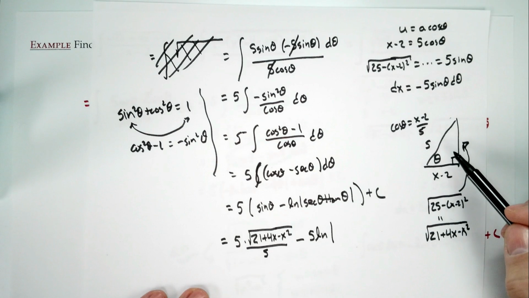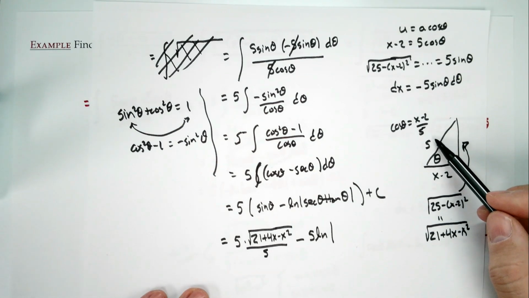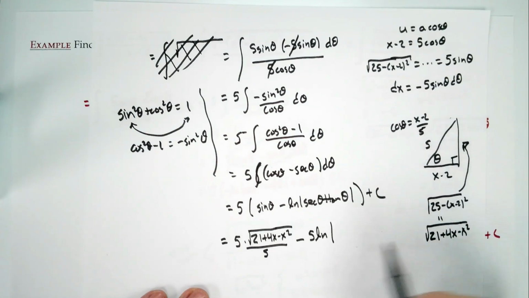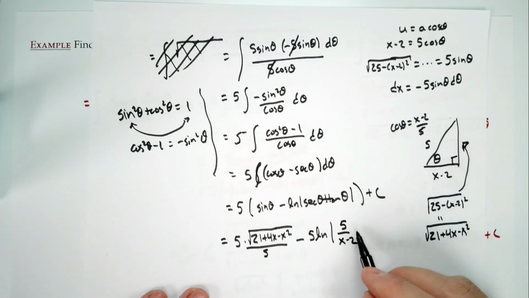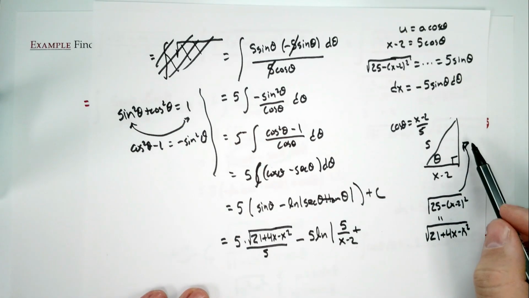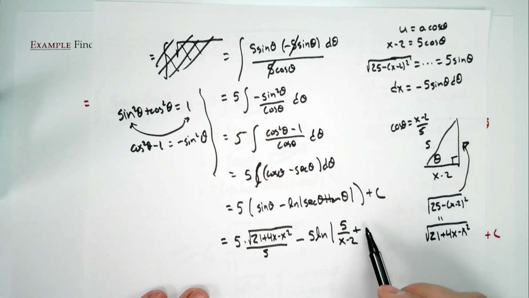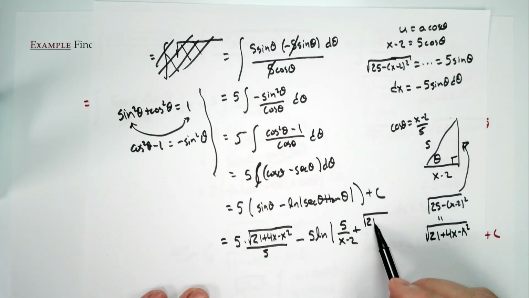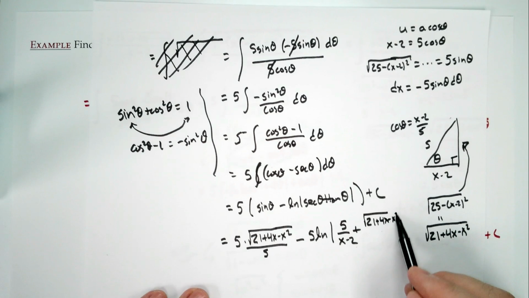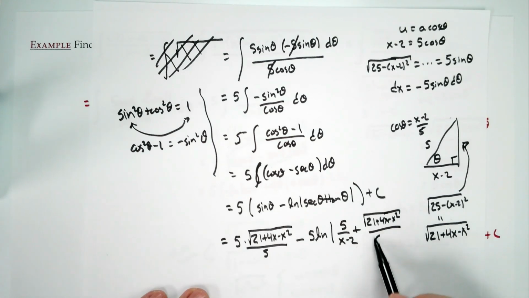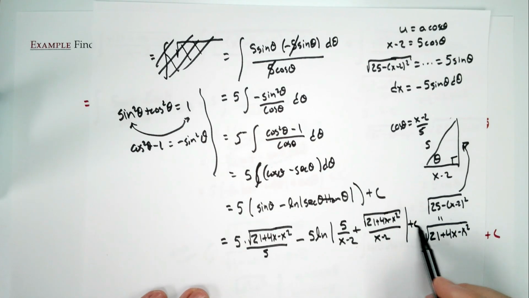Well, secant is going to be the hypotenuse over the adjacent. So that's 5 over x minus 2, plus tangent is opposite over adjacent. So that's square root of 21 plus 4x minus x squared over x minus 2, and then plus c.